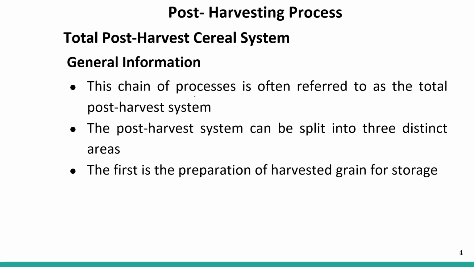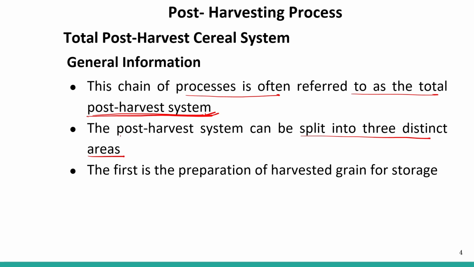This chain of processes is often referred to as the total post harvest system, so we are going to study the total post harvest system of the crop. The post harvest system can be split into three distinct areas.